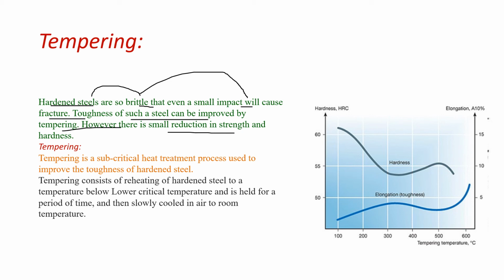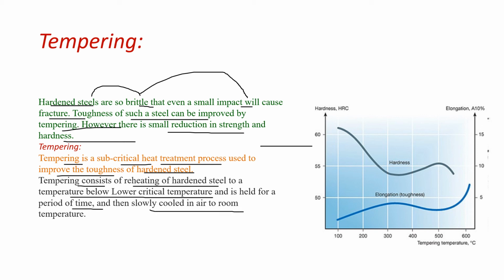However, there is a small reduction in strength and hardness, which is shown in the attached figure. Tempering is a subcritical heat treatment process used to improve the toughness of hardened steel. Tempering consists of reheating hardened steel to a temperature below the lower critical temperature, holding it for a period of time, and then slowly cooling it in air to room temperature.